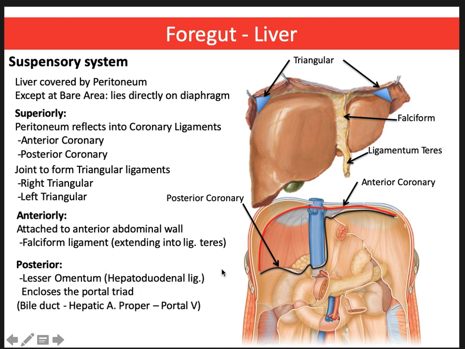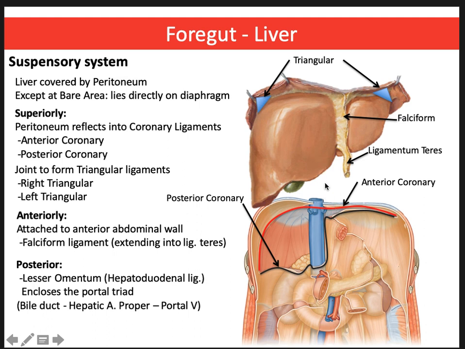But the only thing that I want you to remember is that the lesser omentum is also responsible for enclosing what we call the portal triad. So you need a system that will anchor the liver to the lesser curvature of the stomach to make sure that, for example, the bile duct and the arteries, the proper hepatic artery and the portal vein, do not get stretched when you breathe, when you digest, when you're moving, to make sure that the duodenum stays almost always at the same position.